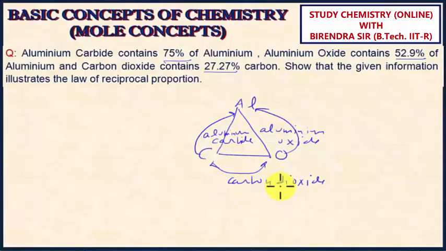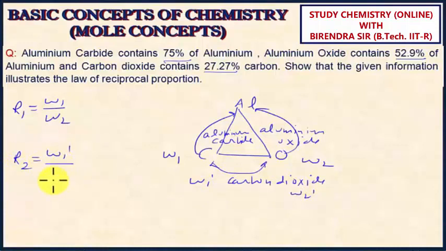I'm not writing the formula because I have to use the given data. As you know, you have to find W1, W2, and that will help you in finding ratio 1, that is W1 upon W2. And then you have to find W1 dash and W2 dash, and these two masses will help you in getting the ratio 2. And in the law, you have to prove that the two ratios are either same or multiple of each other.